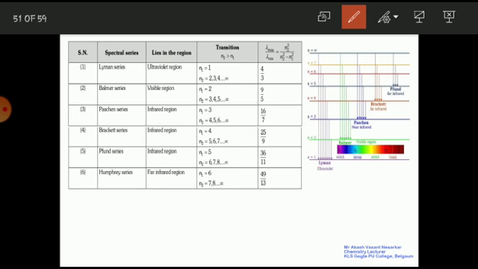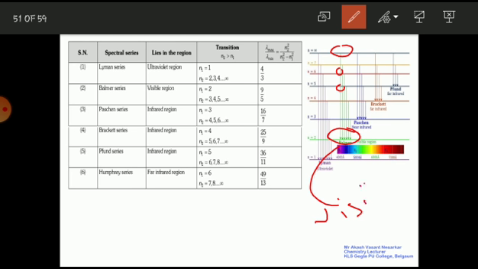Next, the Balmer series. When an electron falls back from a higher energy level to the second energy level, it produces the visible region.